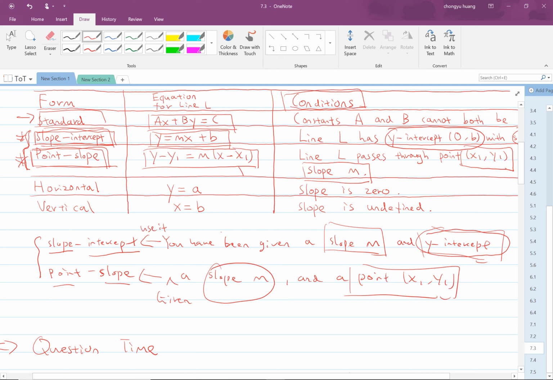The difference between the slope-intercept form and the point-slope form is that for both of them you need to have a slope. But for the slope-intercept form you need exactly the y-intercept, while for the point-slope form you just need a point.